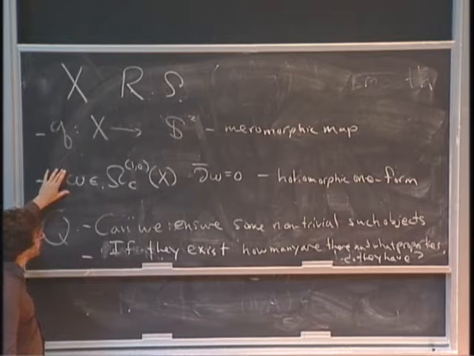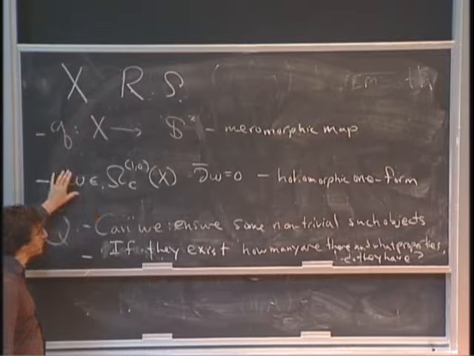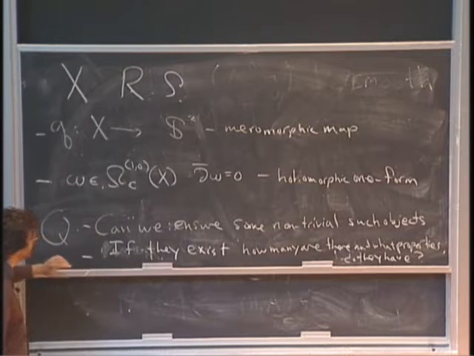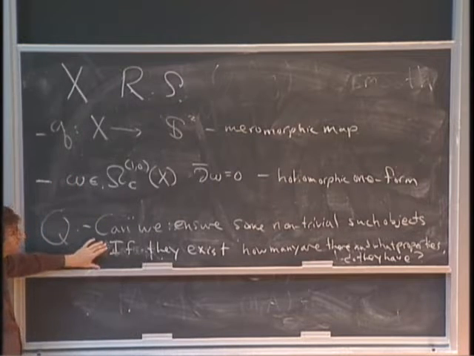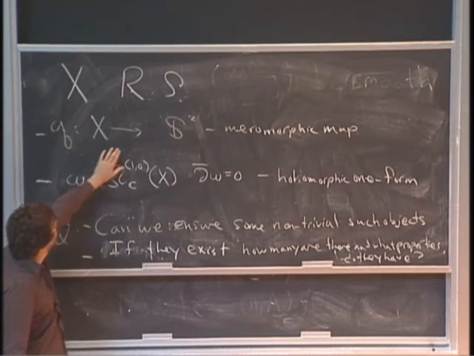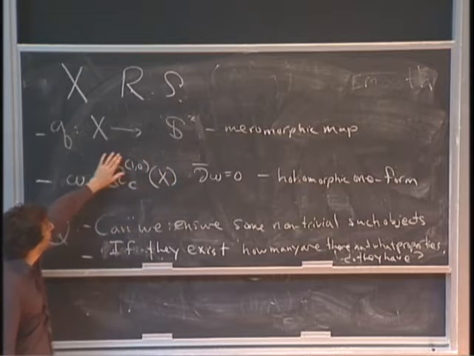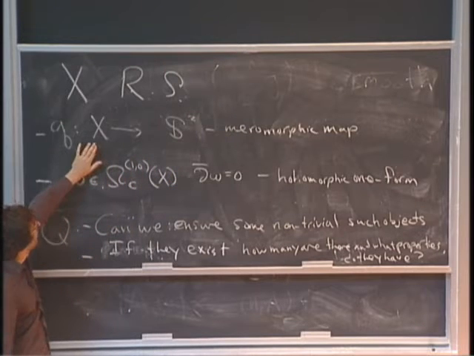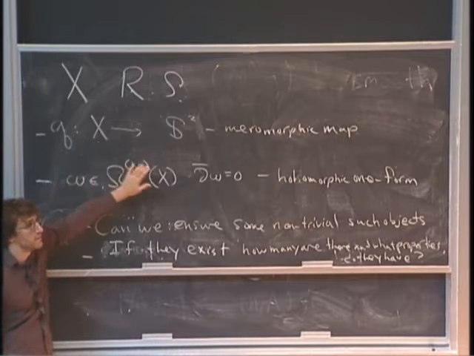So there's something we need to do to say why such a thing exists. The other thing is, of course, we know some things about their properties. For instance, we showed a while ago that if you had a meromorphic map with one simple pole, then X had to be the Riemann sphere.